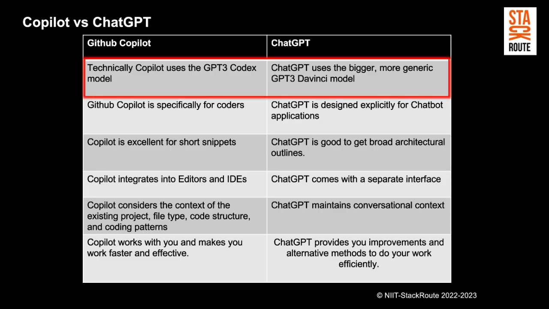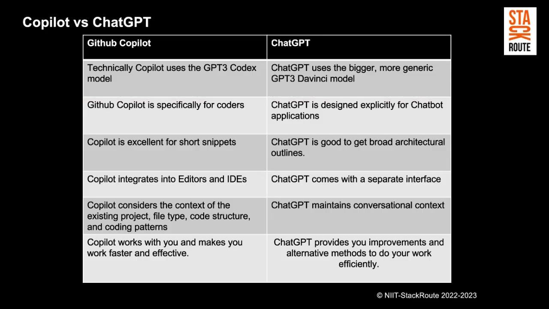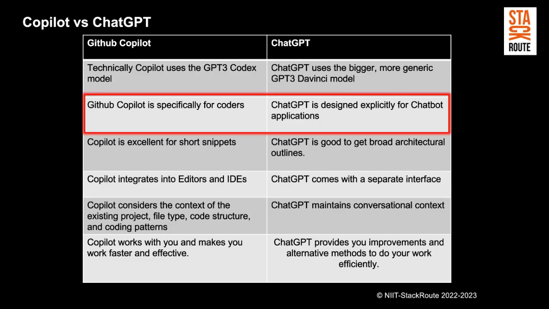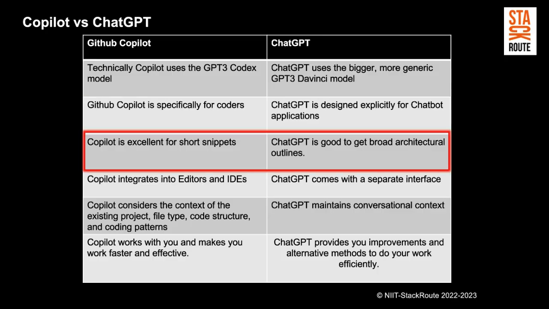ChatGPT uses the bigger, more generic GPT-3 Da Vinci model. GitHub Copilot is specifically for coders, whereas ChatGPT is designed explicitly for chatbot applications. Copilot is excellent for short snippets and ChatGPT is good to get broad architectural outlines.